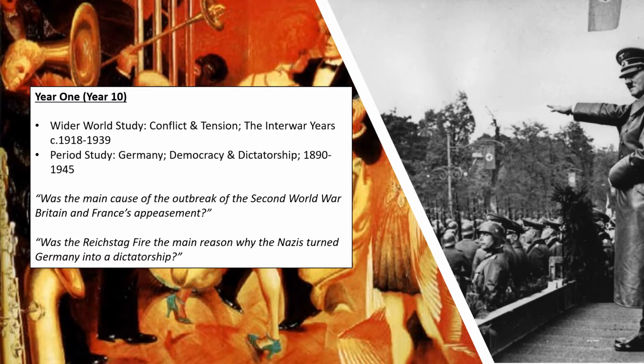And Germany in this period is a really good lens through which to study these concepts, because Germany went through a period of major change, starting off with the Kaiser's rule of Germany from 1890 to 1918, when Germany was an autocracy, then a period in which Germany was a democracy, a turbulent democracy, but then finishing the study with the rise of Hitler and Germany's transformation into a dictatorship.